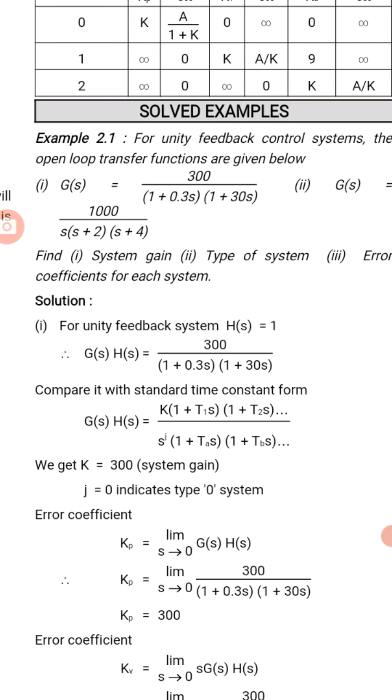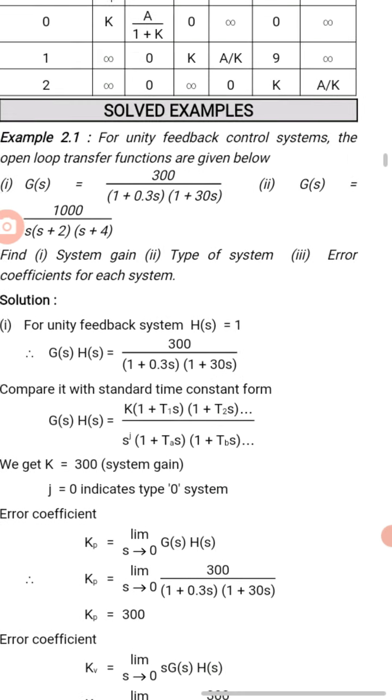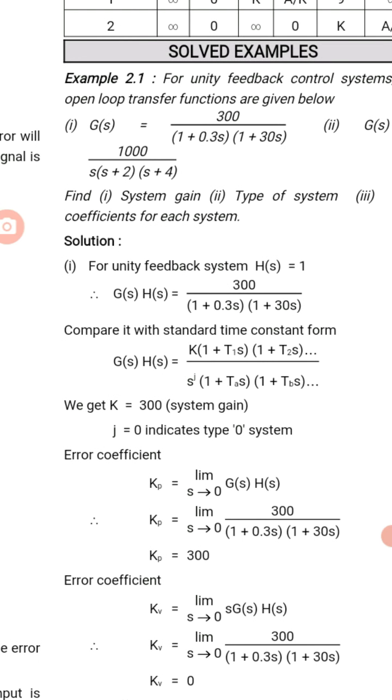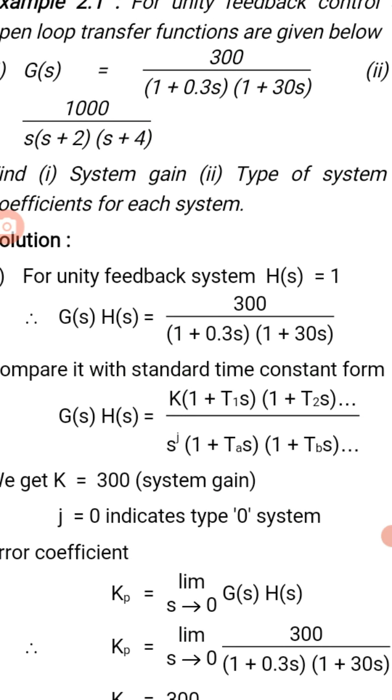Find the system gain, type of system and error coefficients for each system. Let us see the first one. Here for a unity feedback system, H of S is equal to 1. So G of S into H of S is equal to 300 upon 1 plus 0.3 S into 1 plus 30S, as given in the first one.